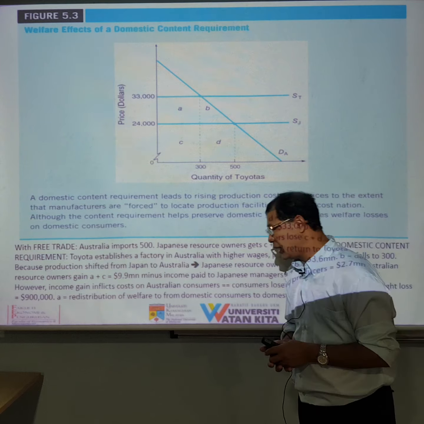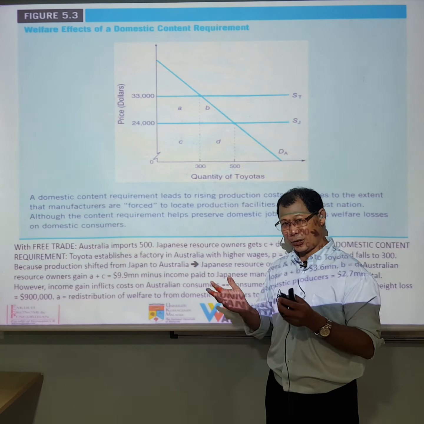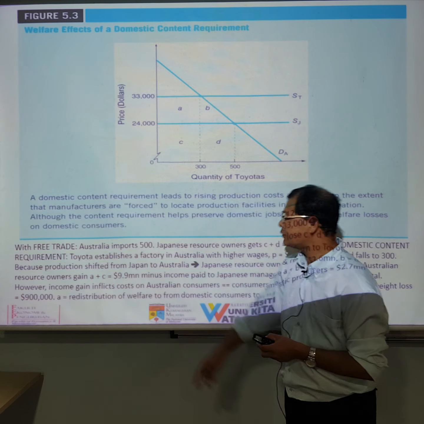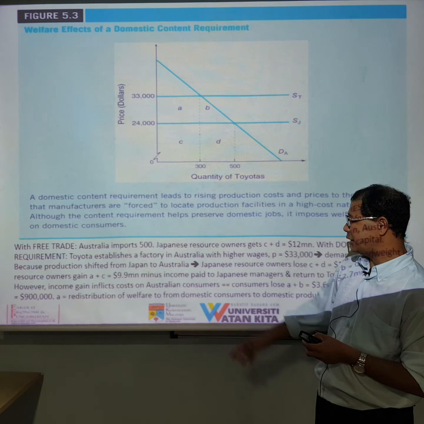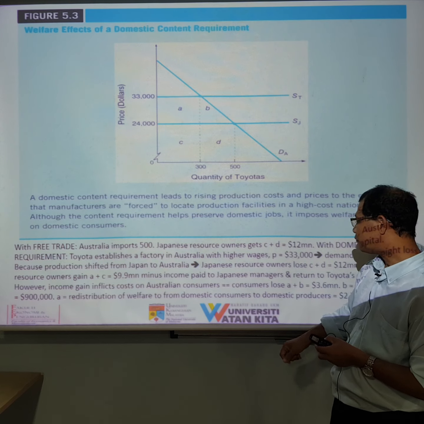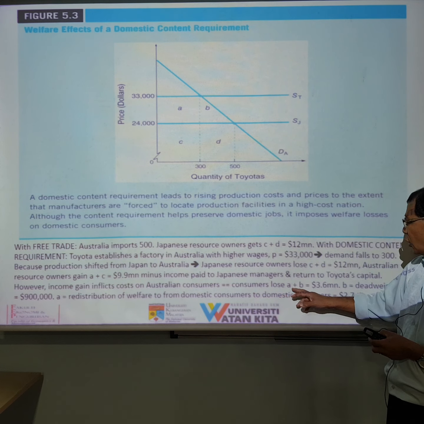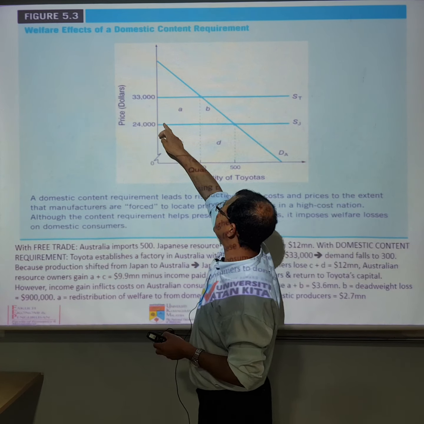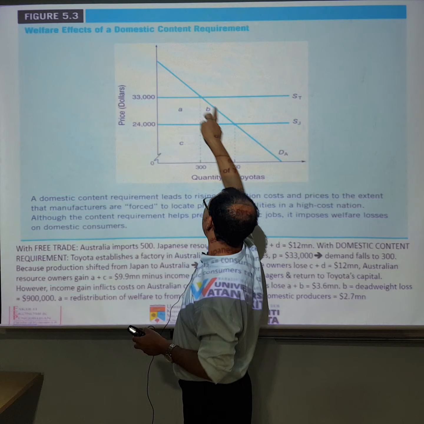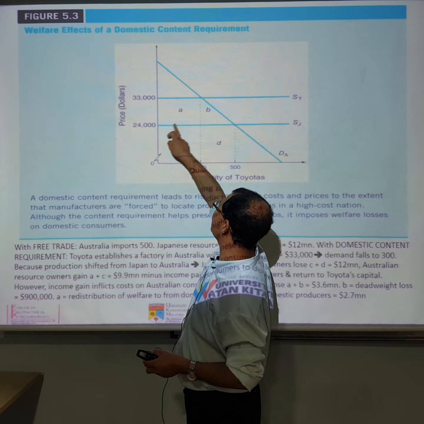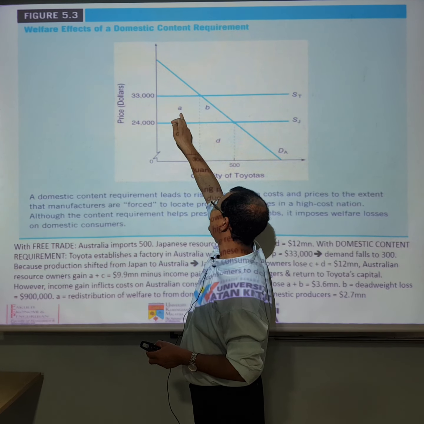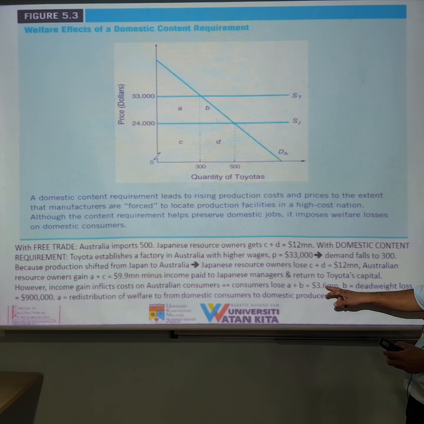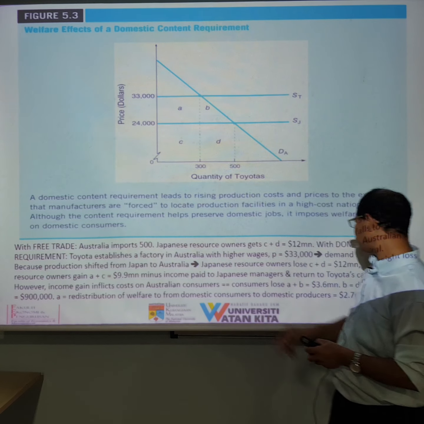However, the income gained by Australian resource owners inflicts cost onto the Australian consumers. Consumers lose A and B, because previously this was consumer surplus under free trade. Now consumers have lost A and B, which is 3.6 million.